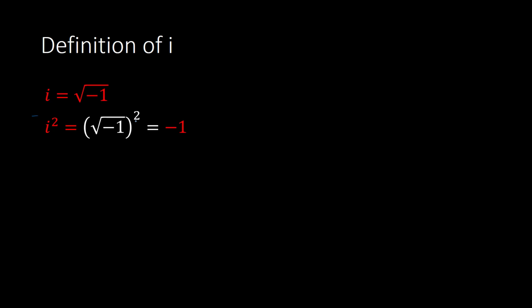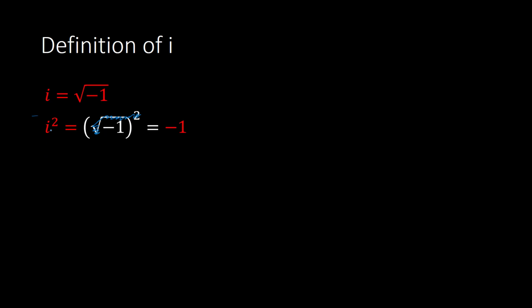And we've learned in a previous lesson that a square and a square root will undo each other. They will cancel each other out, and I'm left with what is inside of the radical. And in this case, it is going to be a -1. So if we know our basic definition of i, and we know our basic properties of radicals and exponents, then we can build our study of imaginary numbers around our previous knowledge.